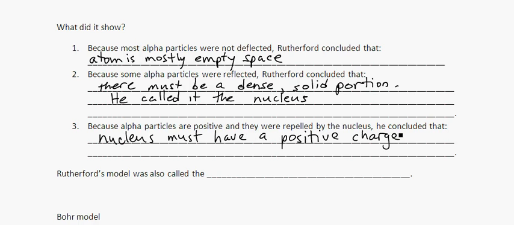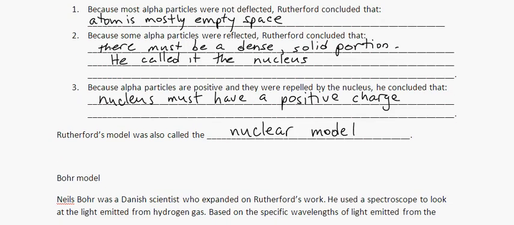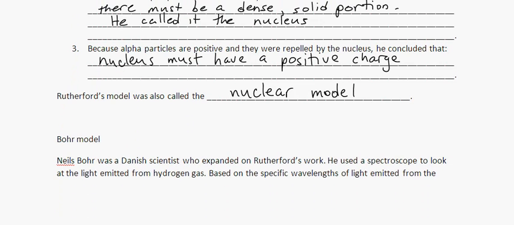So the nucleus must have a positive charge. Rutherford's model was also called the nuclear model. Because remember, before Rutherford, we had the Raisin-Bun model, and we didn't have this idea of a nucleus. So it's called the nuclear model.